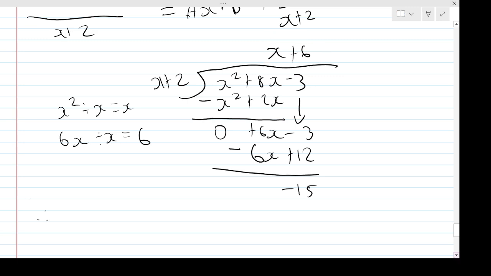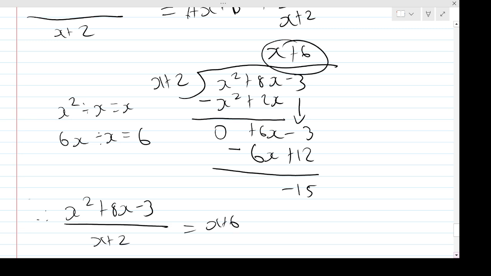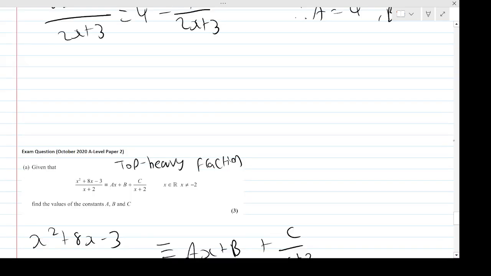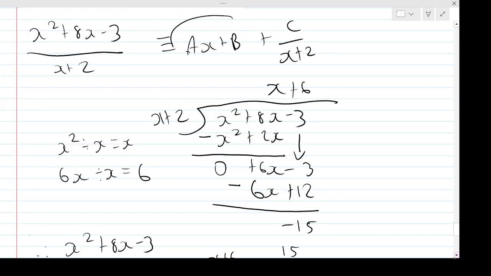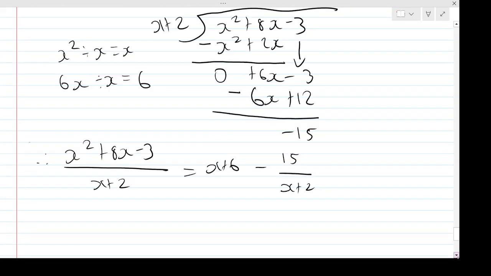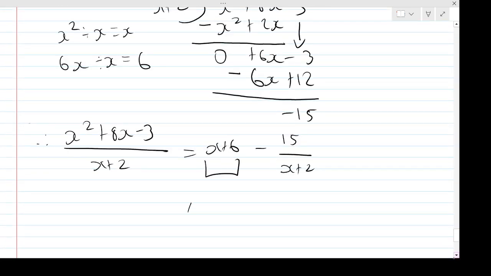Therefore that tells me my fraction, which was x squared plus 8x minus 3 over x plus 2, gets me the quotient part of x plus 6, and the remainder that I've got left over from x plus 2, minus 15 over x plus 2. There. And so if we compare it with the form they wanted us to give it in, ax plus b, well, this is x plus 6, so clearly a would be 1, b would be positive 6.